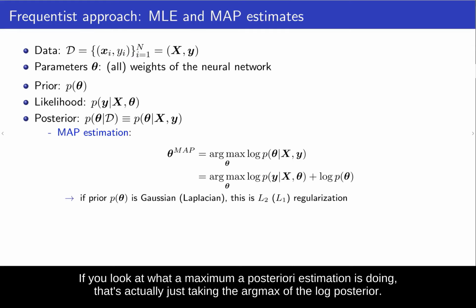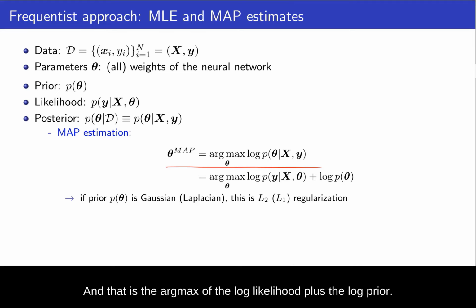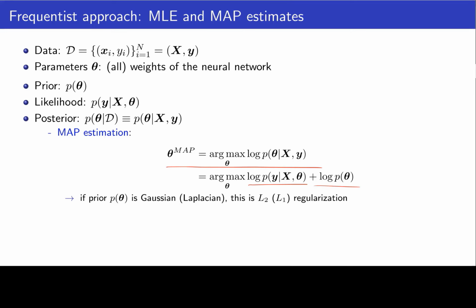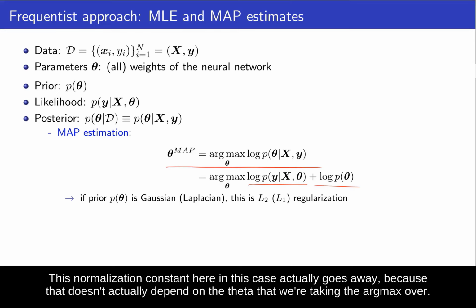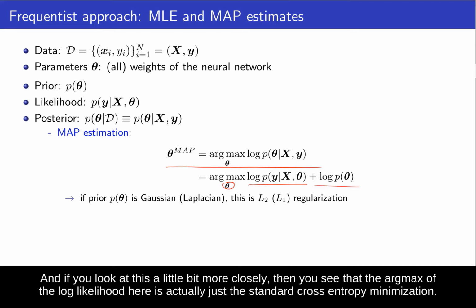If you look at what a maximum a posteriori estimation is doing, that's actually just taking the argmax of the log posterior. And that is the argmax of the log likelihood plus the log prior. This normalization constant here actually goes away because it doesn't depend on the theta that we're taking the argmax over.